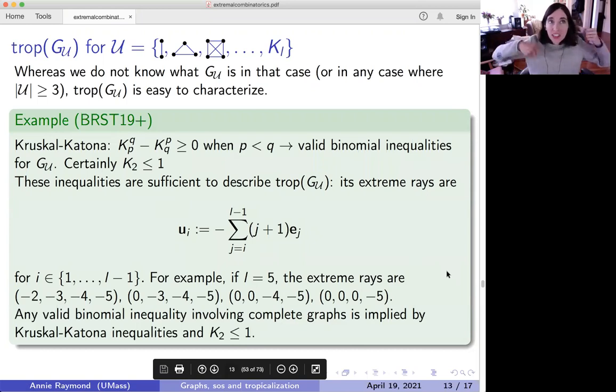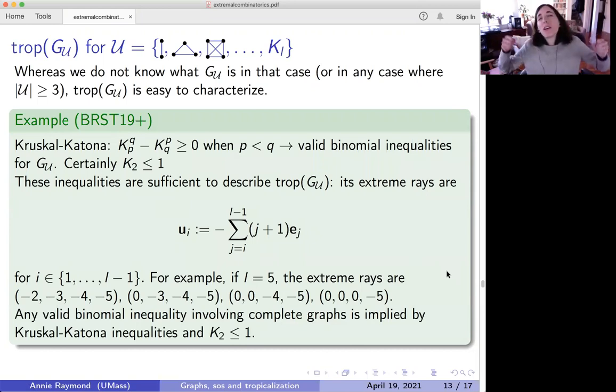And so what this is really saying is that there are no other interesting binomial inequalities involving only complete graphs except for Kruskal-Katona. Any other binomial inequalities can be derived from the Kruskal-Katona inequalities and the fact that a single edge has density at most 1.